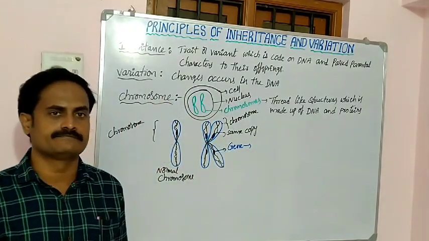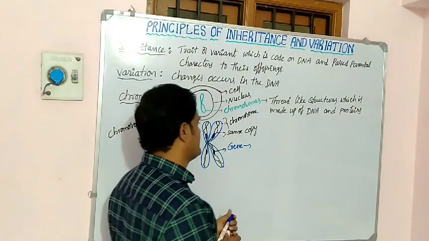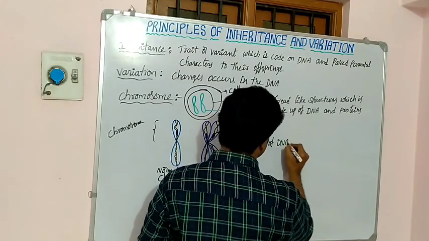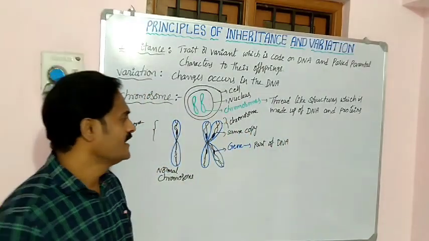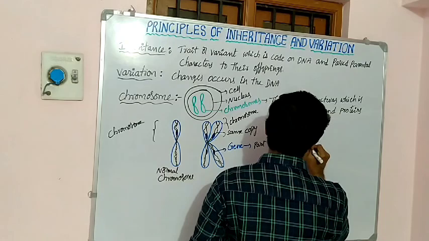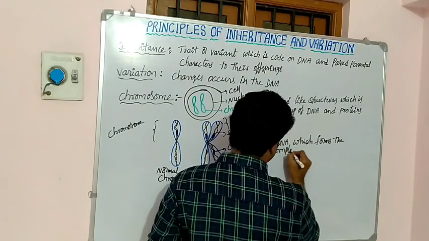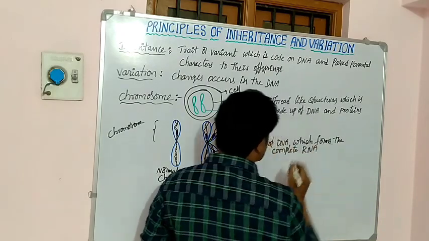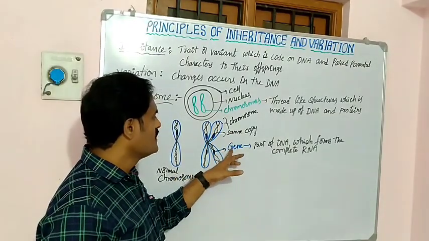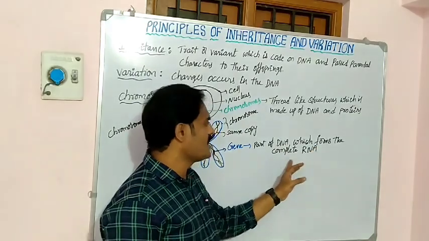So what exactly is a gene? A gene is a part of DNA which forms the complete RNA.